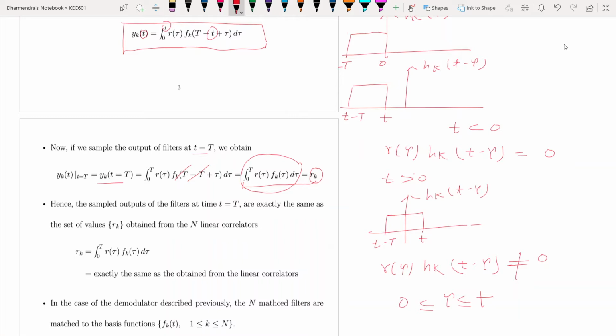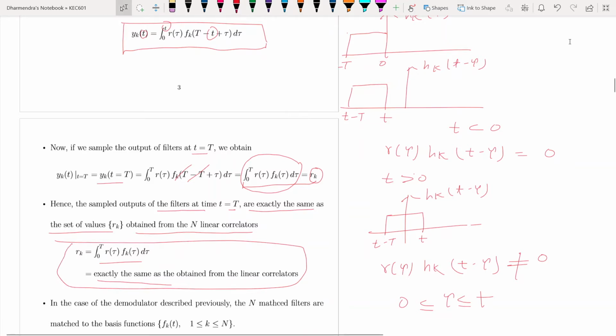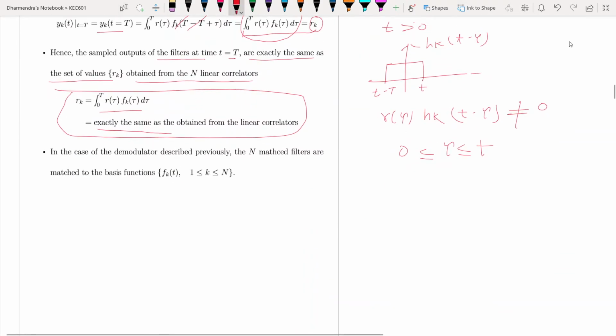Hence the sample output of the filter at t is equal to T is exactly the same as the value of rk obtained from N linear correlators. Exactly the same output. Okay, so in the case of the demodulator described previously, N matched filters are matched to the basis functions, not r of t.